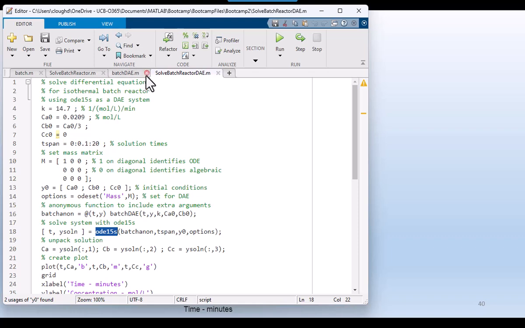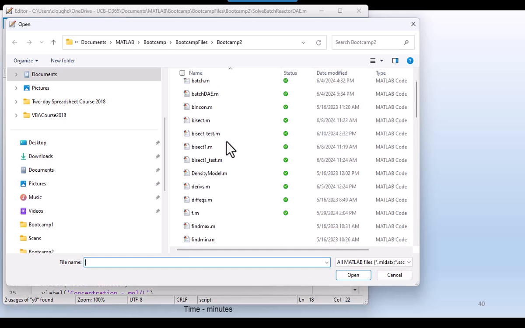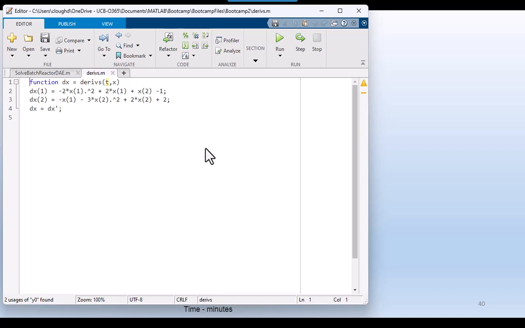And let's take out a few of these things to make room on the tabs up here. And we'll open a function called derivs.m. We could have typed this in, but it just saves a little bit of time to show it to you. So we have two differential equations, and they're mathematical.